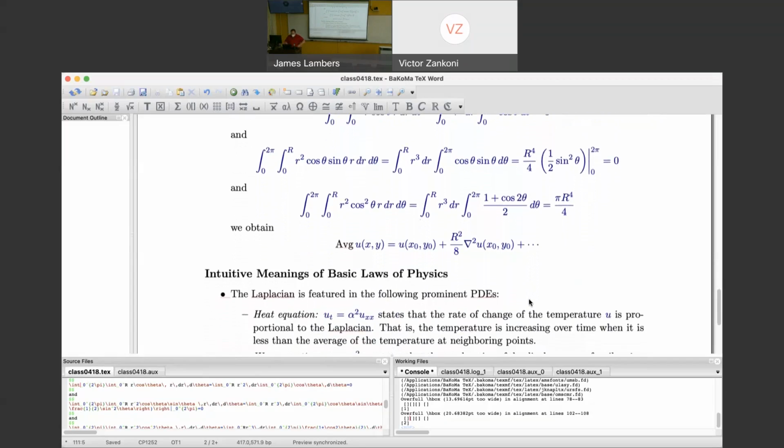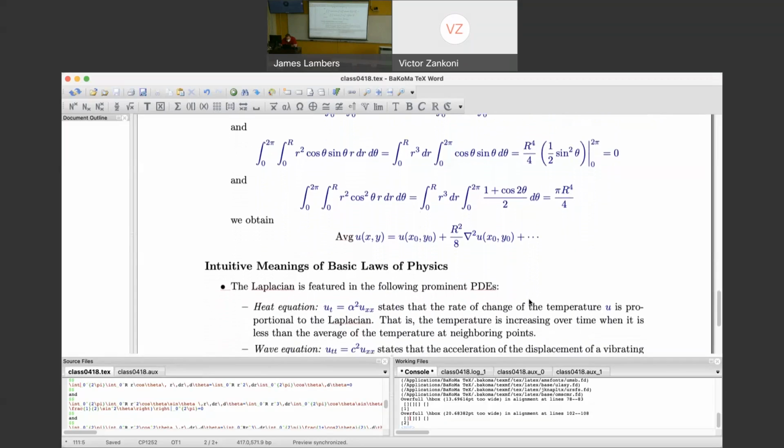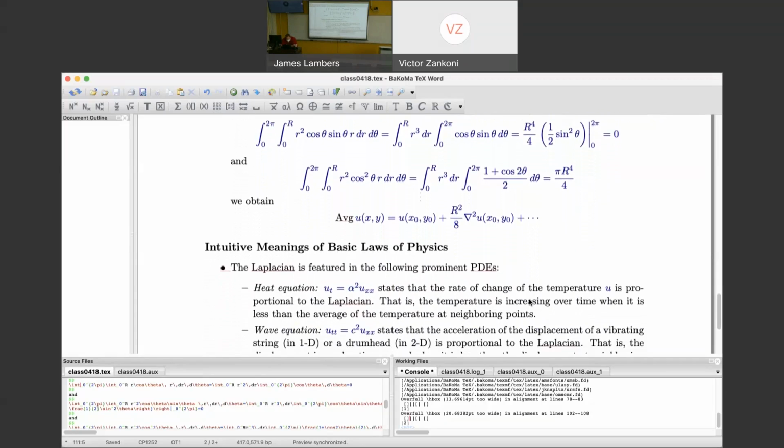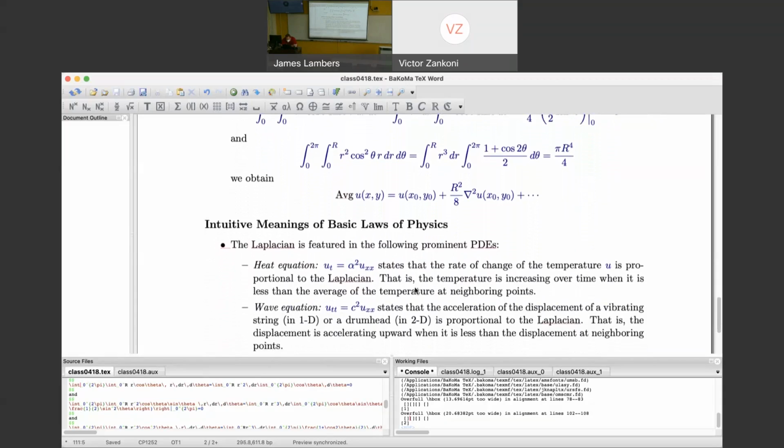So here's the role that the Laplacian plays in the PDEs that we've seen. What this is saying is that if the temperature at any given point is less than the average temperature surrounding that point, that means that u is going to be concave up.